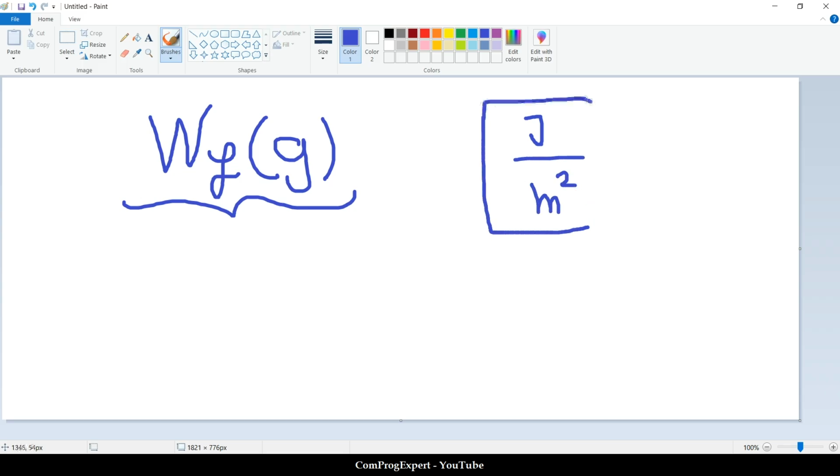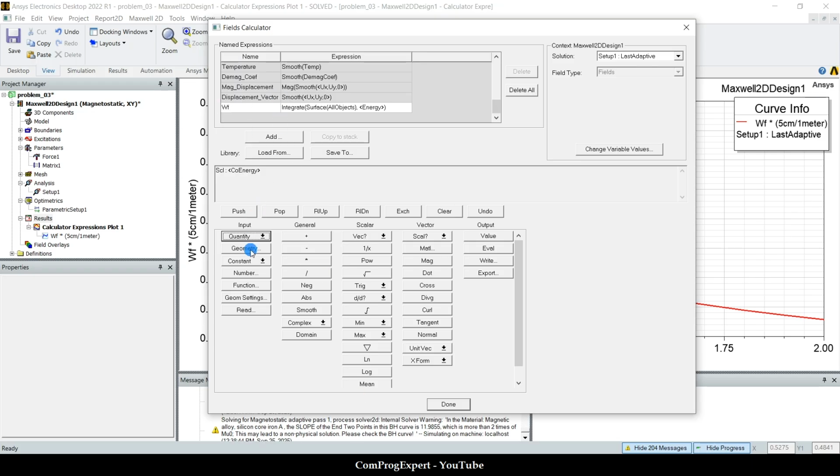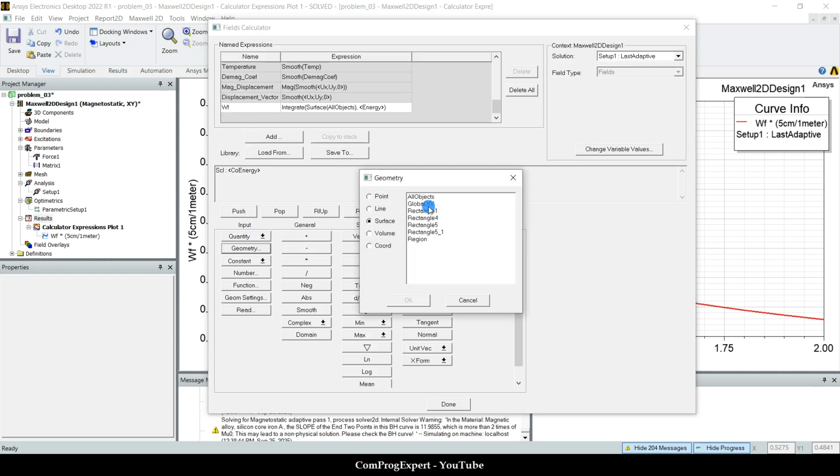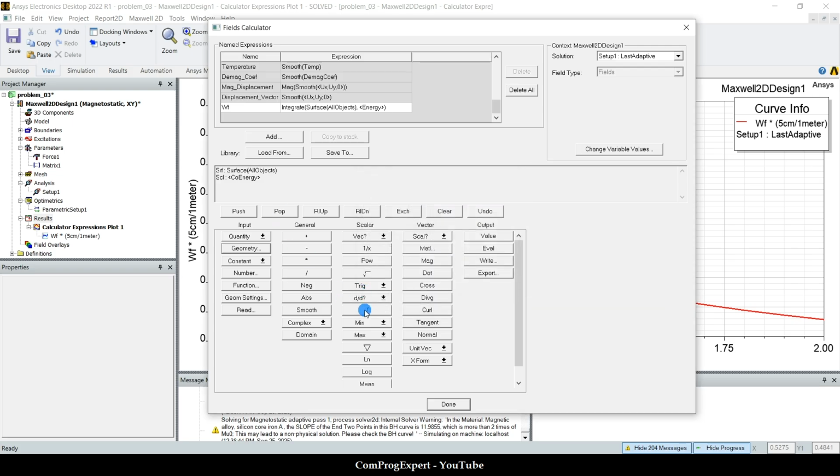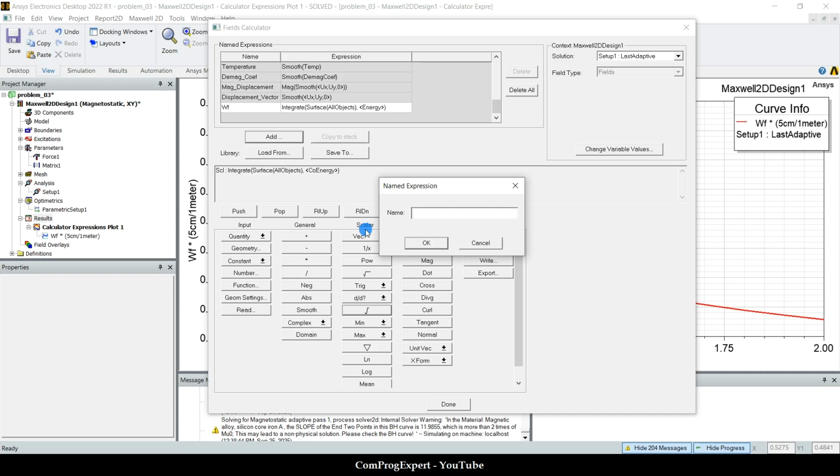Okay, so this is why I calculate the integral. So this is co-energy. We select all surface objects and calculate the integral. So this is the total co-energy for the problem.